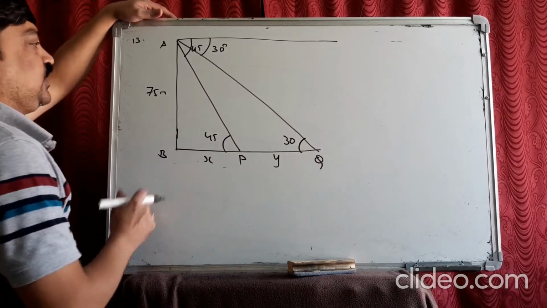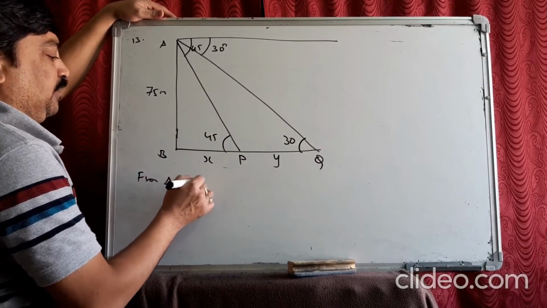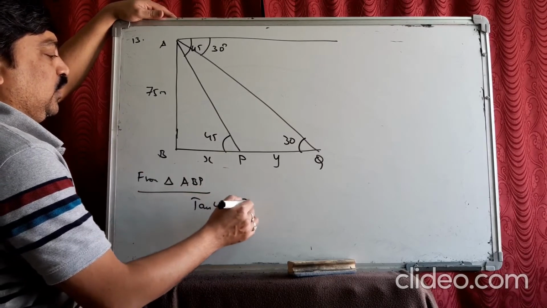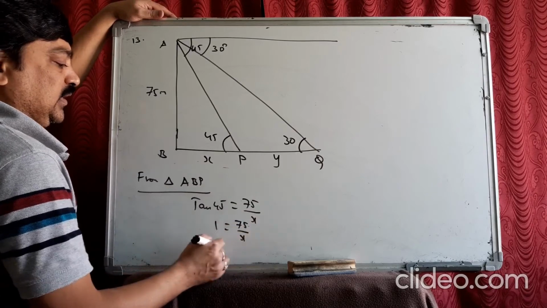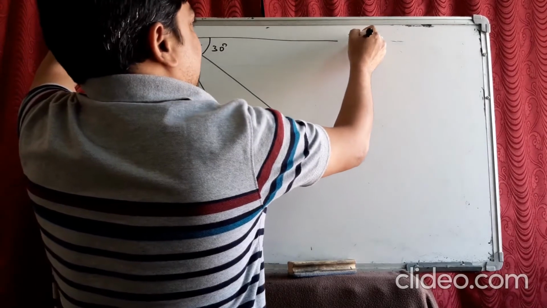Okay, let us take the first triangle. From triangle ABP, tan 45 is equal to 75 by x, 1 equal to 75 by x, x equal to 75 meters. So let us take the big triangle.